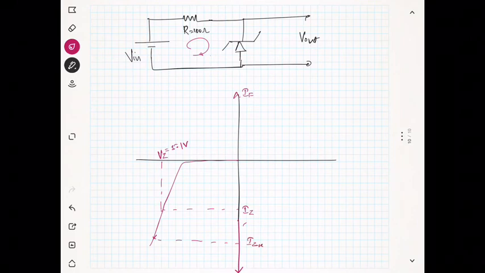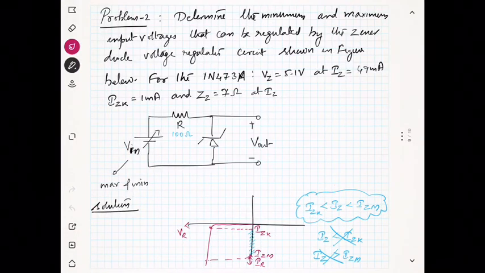Iz equal to 49 milliampere, and Izk is given as 1 milliampere. And this is Izm. Izm is not given, I think, right? In the question, the power dissipation is given. I forgot to write it.